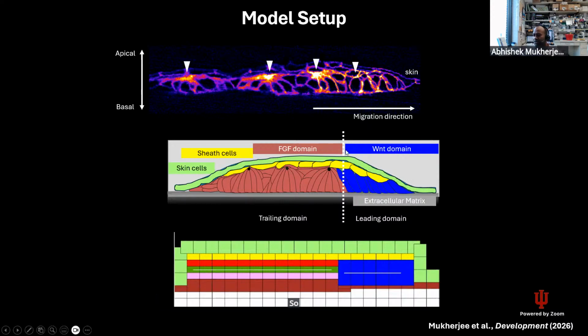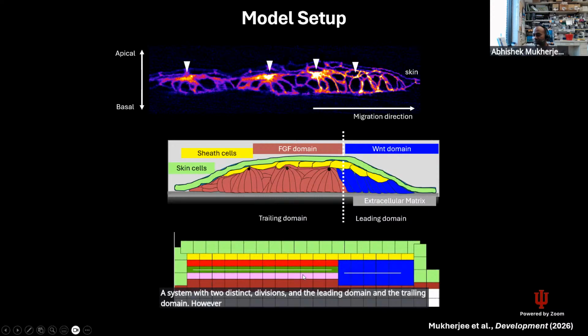Broadly, we divided the model primordium into two domains. In the leading domain, we have the blue, non-apico-basally polarized domain, and in the trailing domain, we have the more apico-basally polarized domain. This is the initial setup when you run the model. We have modeled the skin layer on top, and we assume that the primordium starts out as a system with two distinct divisions, the leading domain and the trailing domain.